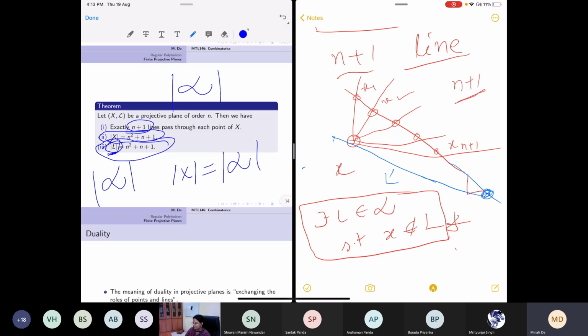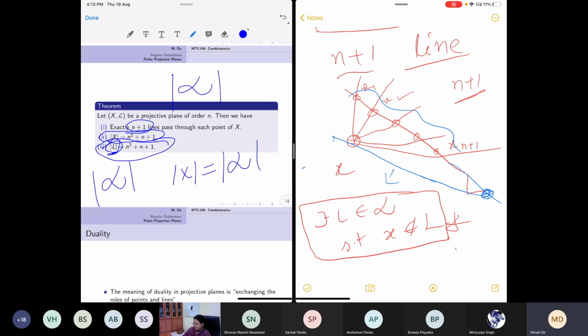This point should belong to one of these points. So it is already counted in your count, and you don't need to count this twice.